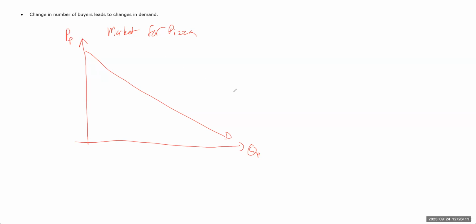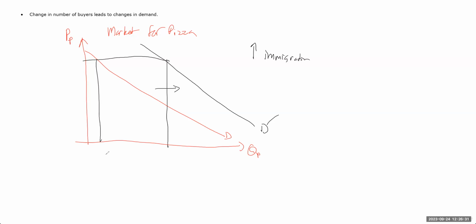And then, I don't know, we had an increase in immigration. Assuming they eat pizza, the demand curve shifts to the right. For any price, we have more people. So more pizza is wanted.